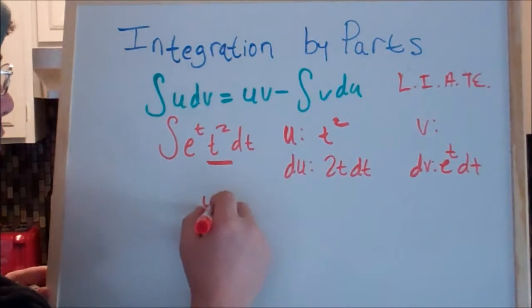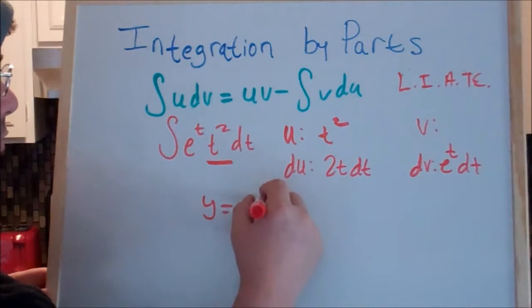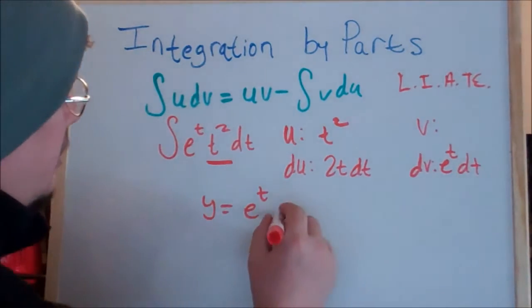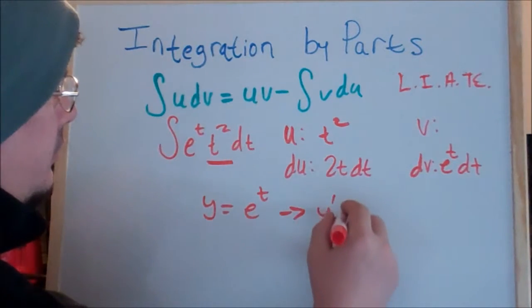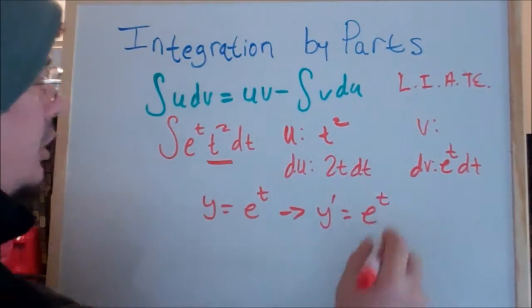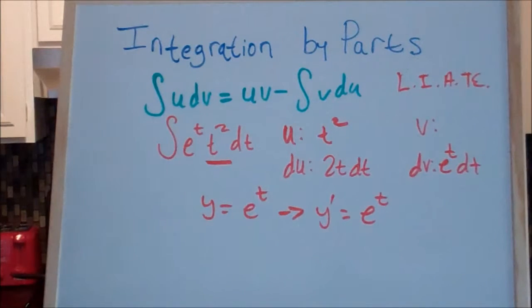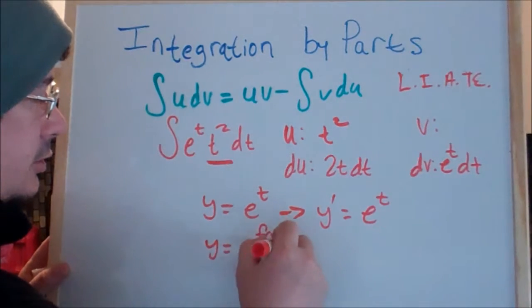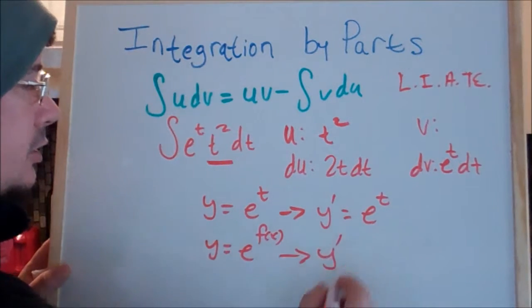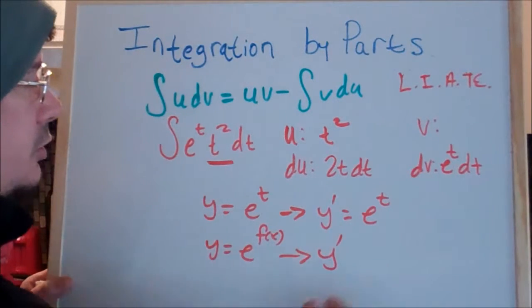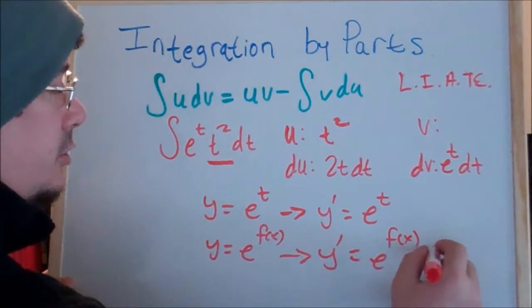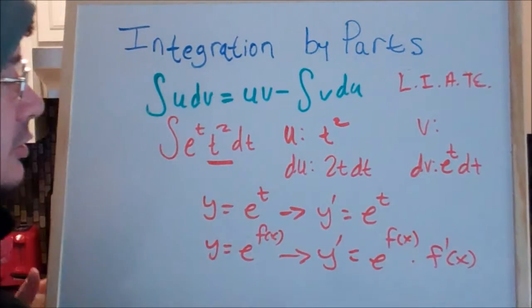So if I have a function called y, and its rule is e to the t, then that tells me that the derivative of that function is just going to be itself all over again. If it happens to have, let's say we have e to the f of x, then that says that the derivative is going to be e to the f of x times f prime of x.